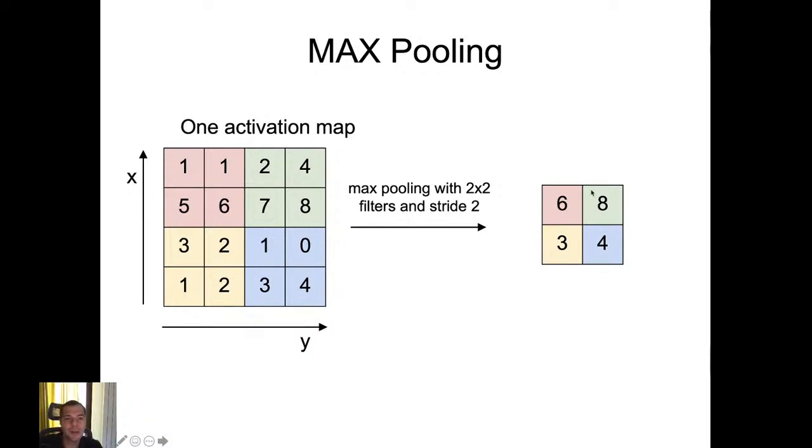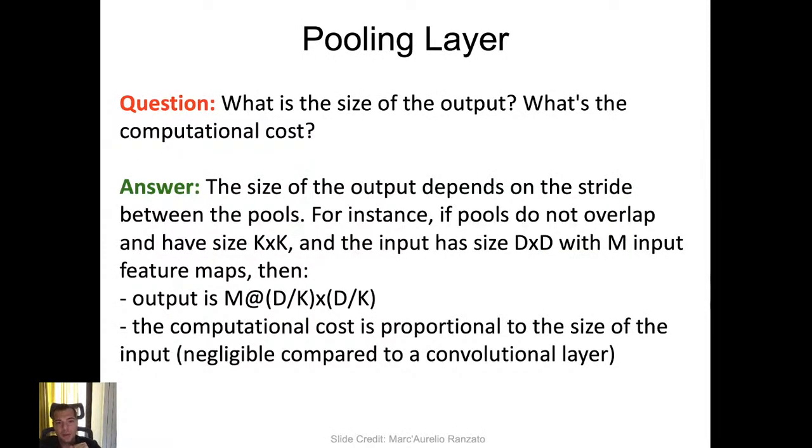So this means that the high filter response can correspond to any cell in this region, and if we have a sequence of pooling layers, this region will grow higher and higher, because this cell will correspond to some region in a previous activation map and so on.